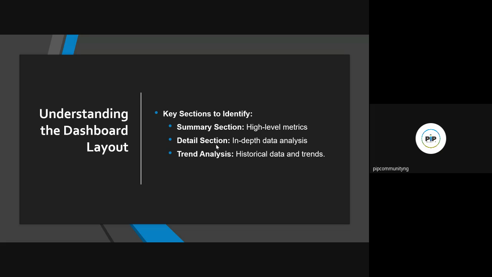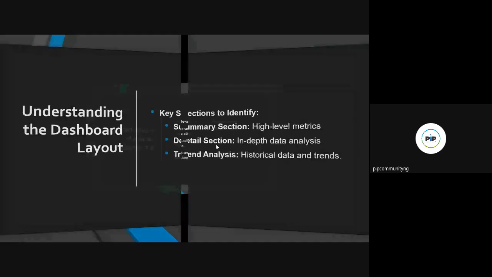Then you also have trend analysis. Trend analysis most times is very, very important. It's rare to see a dashboard without any visual showing trends. It's rare, but it's possible. You understand? So those are the sections of your dashboard.